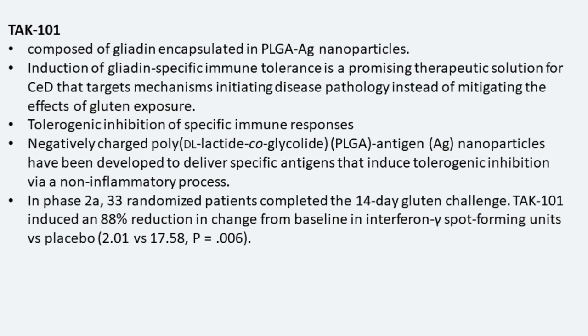So this TAC101 is piggybacking on this nanoparticle and going inside and causing immunotolerance. And in a phase 2 trial, 33 patients were restarted on gluten, and with TAC101 they found a reduction in the interferon gamma, which I told you is one of the factors that causes the inflammation. So it causes a kind of immune tolerance. It's still in a phase 2 trial.